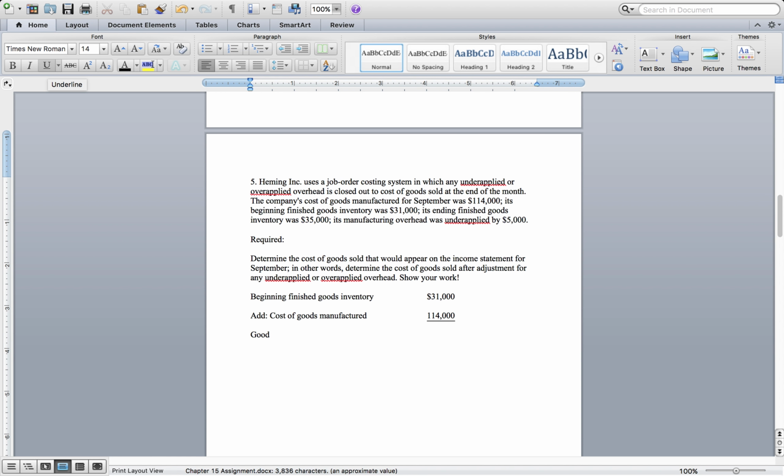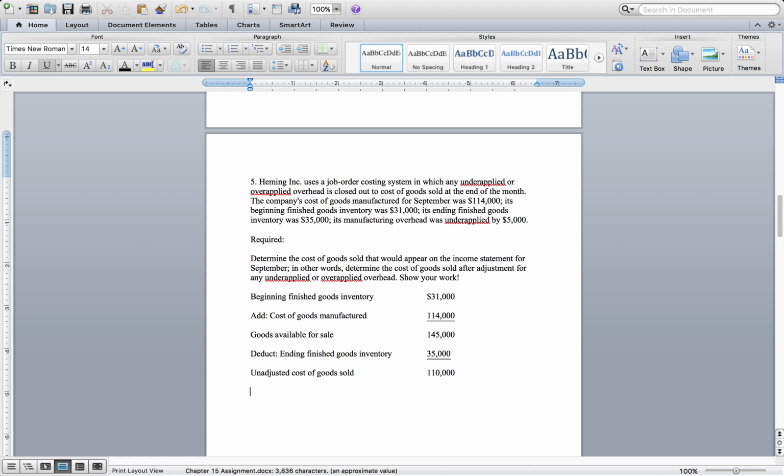Okay, now when we do that, this will give you goods available for sale, $145,000. Okay, now the next part, you want to deduct ending finished goods inventory, which is $35,000. Now when we do this, this will calculate the unadjusted cost of goods sold, which is $110,000.